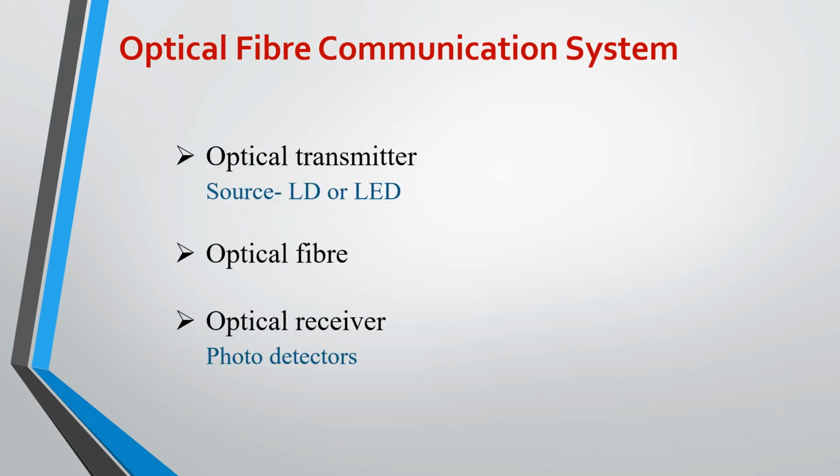The main components of an optical fiber communication system are the optical transmitter, optical fiber, and the optical receiver. The optical transmitter usually consists of a laser diode or a semiconductor LED. These light sources are modulated in accordance with the signal to be transmitted by changing the current through the source.